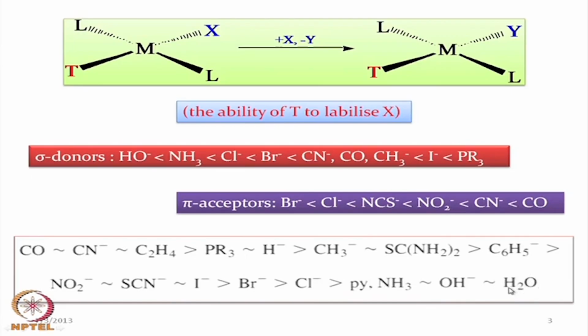So, water will have less effect for labilizing the group which is trans to the water molecule in the substitution reaction. Similarly, the nitrite ion will be stronger in substitution reactions compared to Cl⁻ and the ammonia molecule.